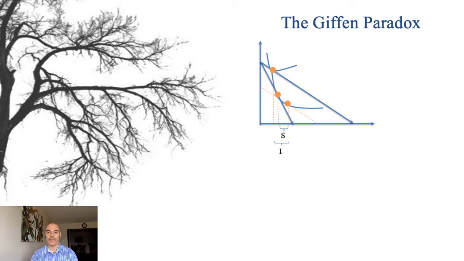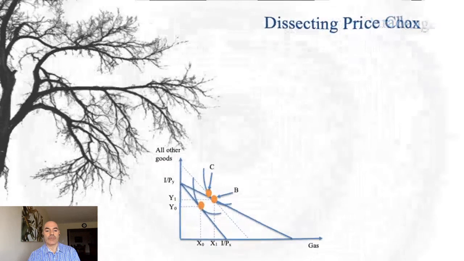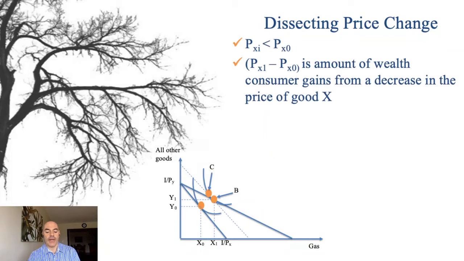But let me say that it's not a contradiction to the first law of demand, simply because what matters is not the absolute change in price, but the perceived change in price. And the perceived change in price was such that people expected that future prices will go up.